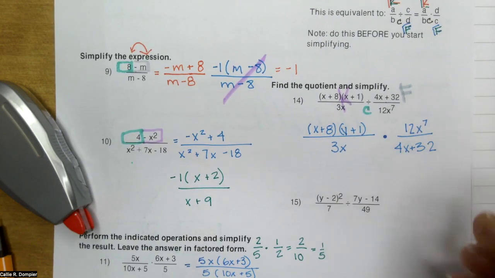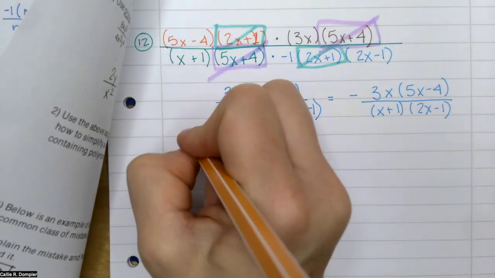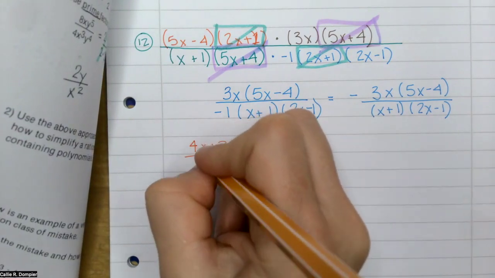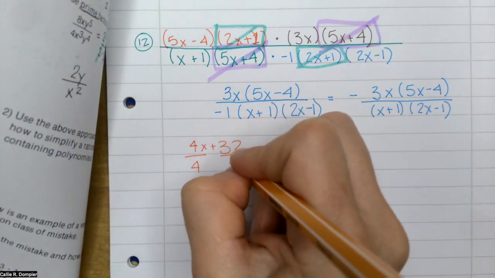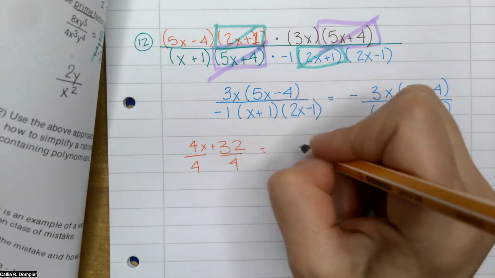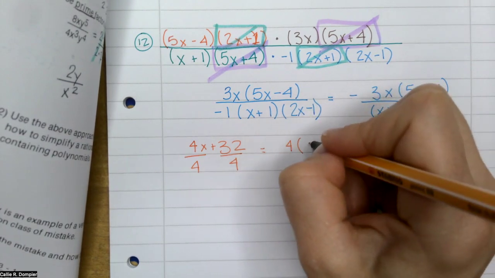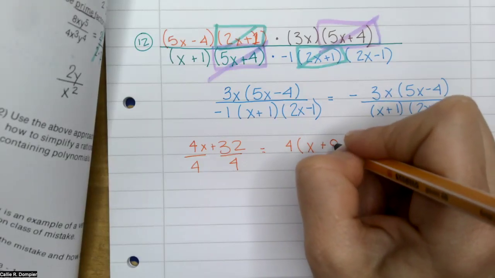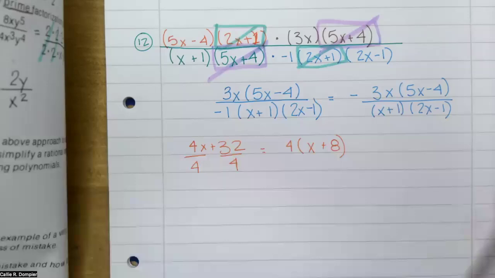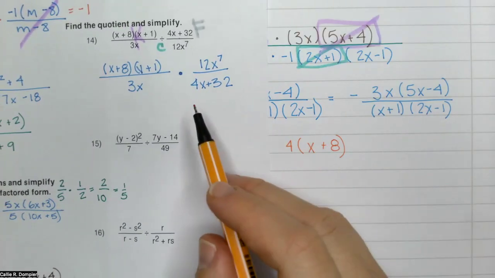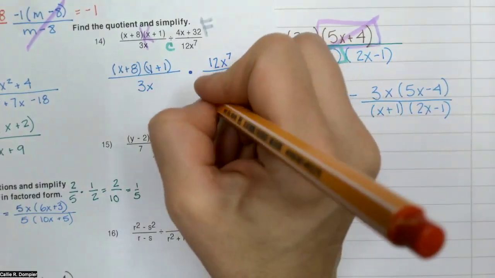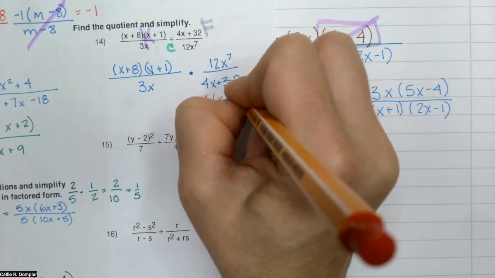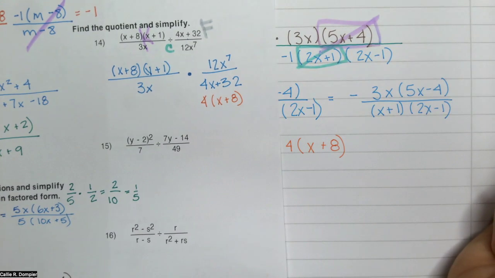If I take 4x plus 32, and I divide them both by 4, 4x divided by 4 is just x, and then 32 divided by 4 is 8. So I'm going to change 4x plus 32 to 4 times the quantity x plus 8.